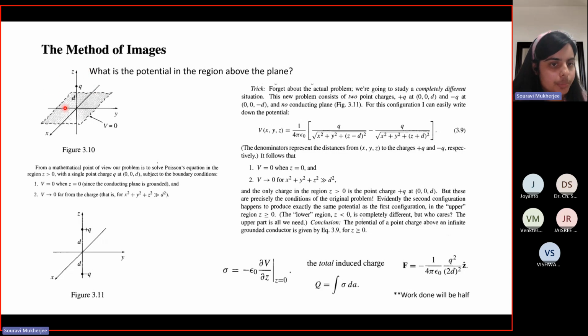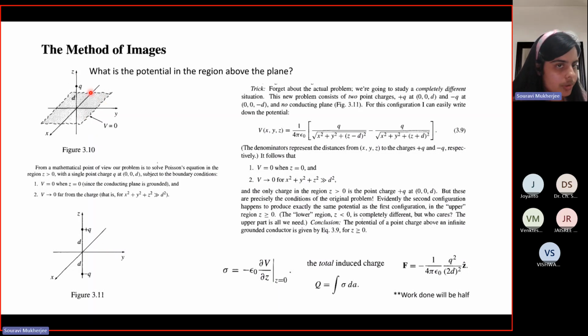Now, if you remember what we just discussed in the uniqueness theorem, it says that we want to find the potential somewhere in this region, above the plane. It says that if you know the boundary conditions which enclose this region, then the potential inside is uniquely determined. It has only one value. So this allows us to mimic this situation with a simpler charge distribution.